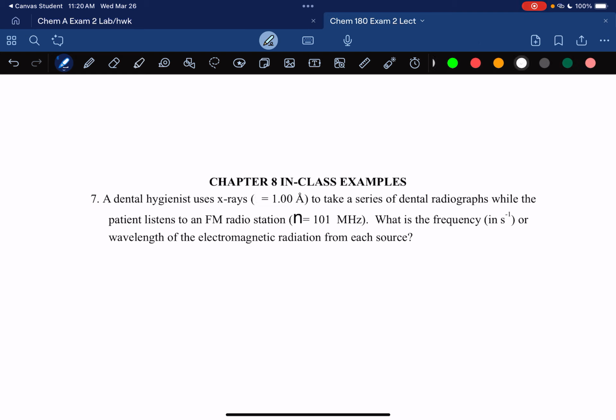In this case for the X-ray, we know the wavelength, so we want to find the frequency, therefore C over length. For C we could use the easy one, which is 3.00 times 10 to the 8 meters per second, divided by its wavelength, 1 Angstrom, which amounts to 1 times 10 to the minus 10 meter.